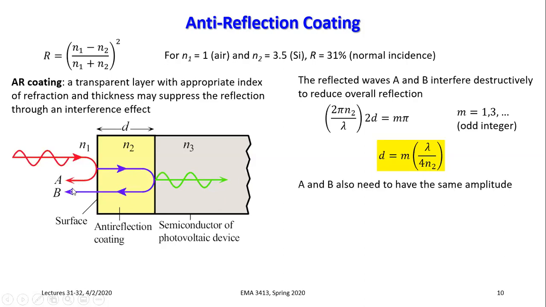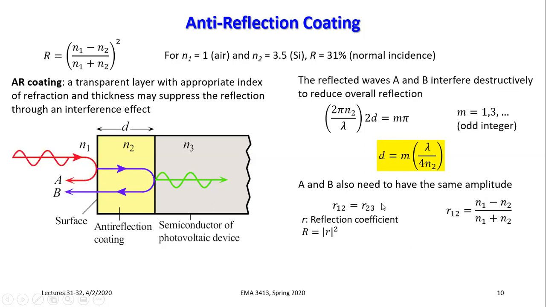But at the same time, to completely cancel out the intensity for the reflected wave, you have to make sure that the reflectance, the amplitudes, are the same. Okay, and then you really have to look at the reflection coefficient at these two interfaces. The reflection is basically dictated by the ratio of the index contrast, following this relationship.